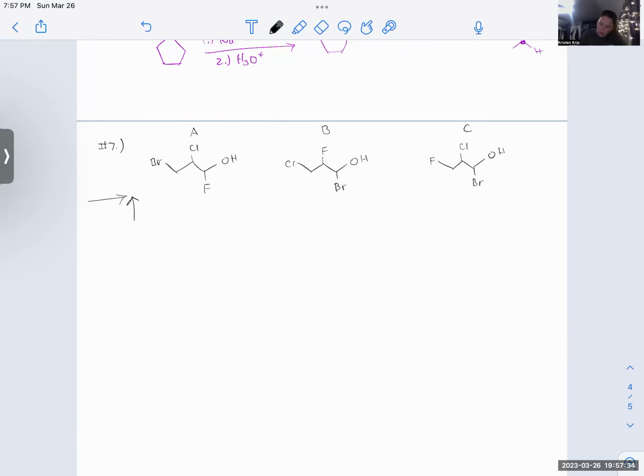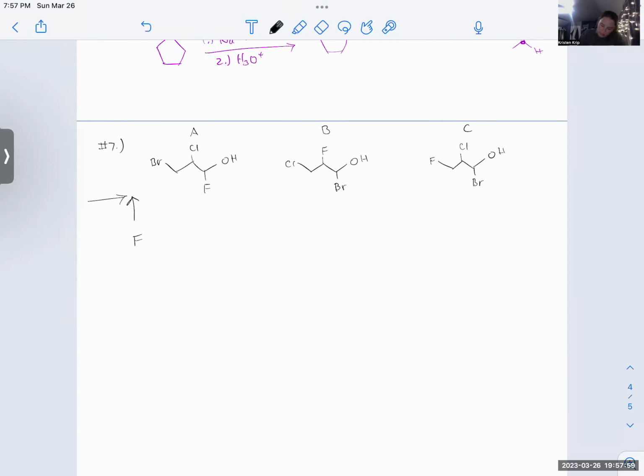So fluorine happens to be the most electronegative, and that's followed by the bromine and the chlorine.